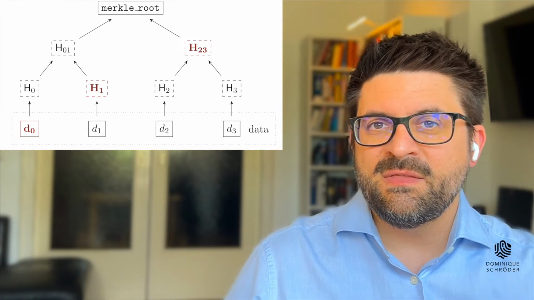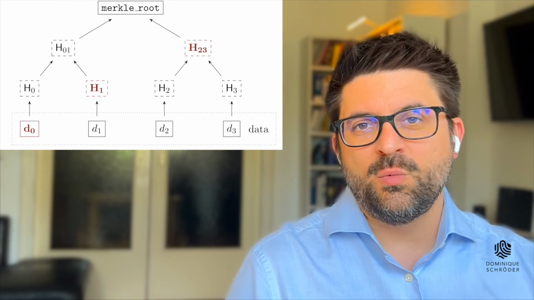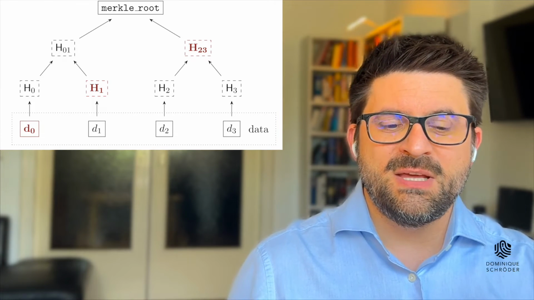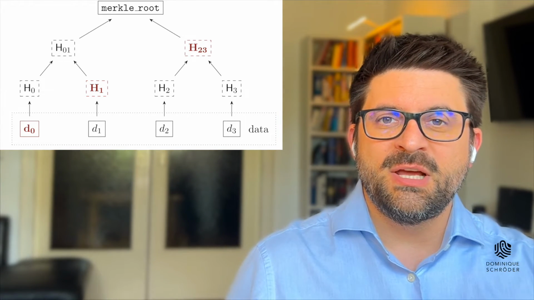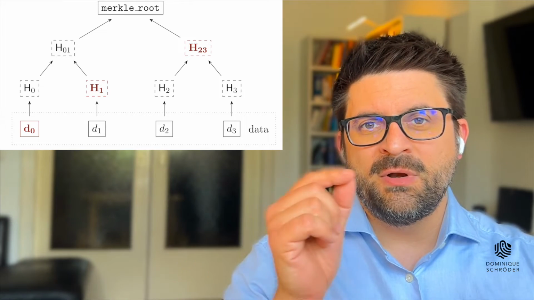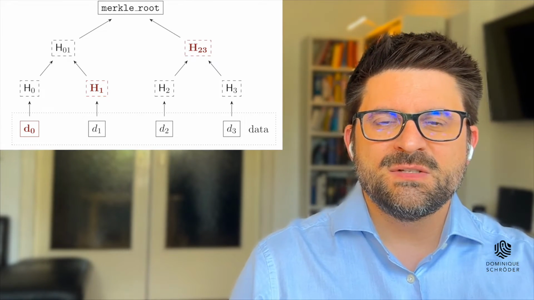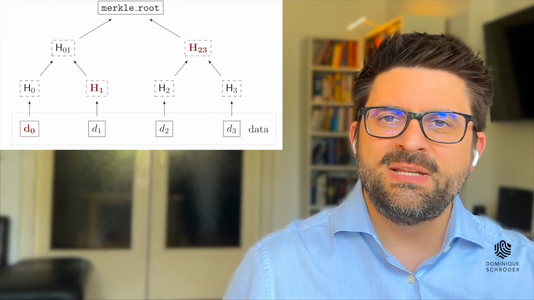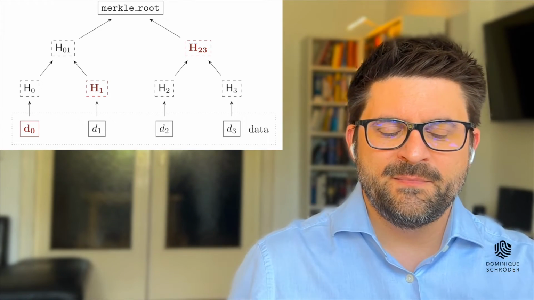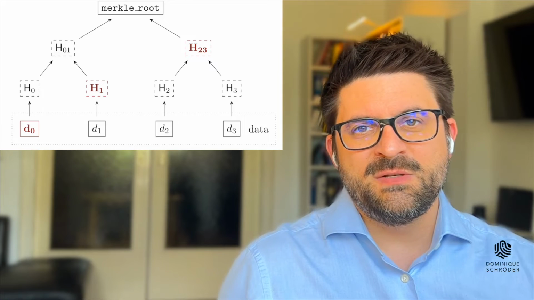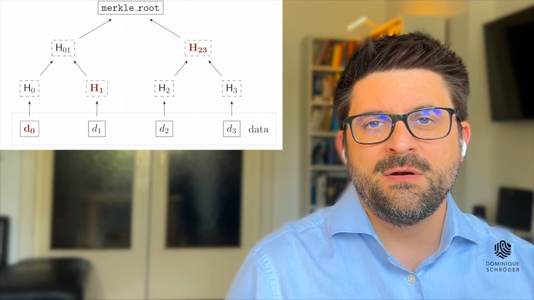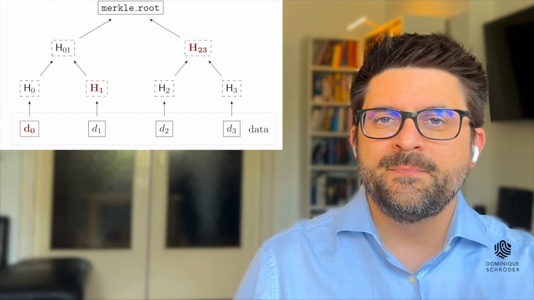So the first element that we need to reveal is H1, because given the element D, we can compute H0, and with H0 and H1 we can compute H01. Now we have already covered the complete left part of the tree. The remaining element that we need to publish is the other element there, which is H23.